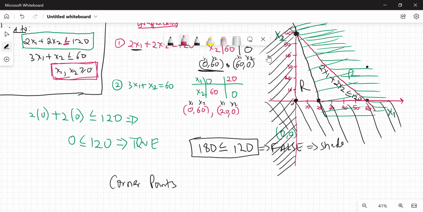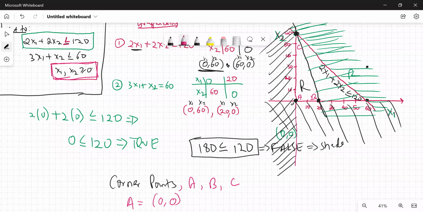You can label them A, B, and C. C is up there, the apex. So we have A, B, and C. Point A is which point? X1 is 0 and X2 is 0.